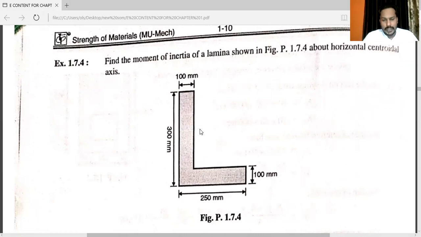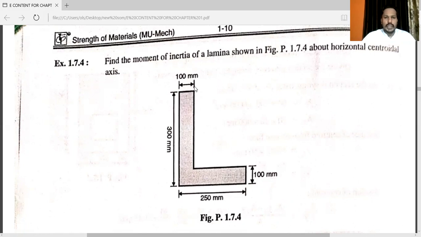In this diagram, this base distance is given, that is 250 mm. You can see here, the height of this rectangle is 100 mm. This vertical distance is 300 mm. And this distance is given, that is 100 mm.